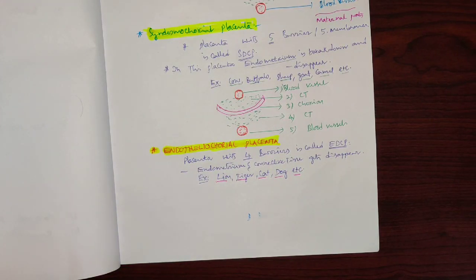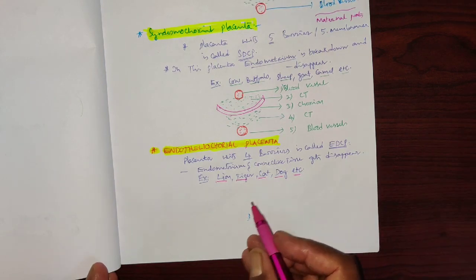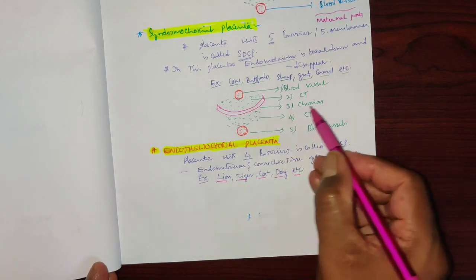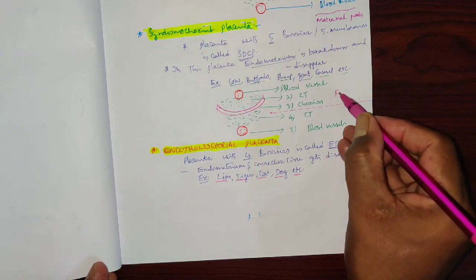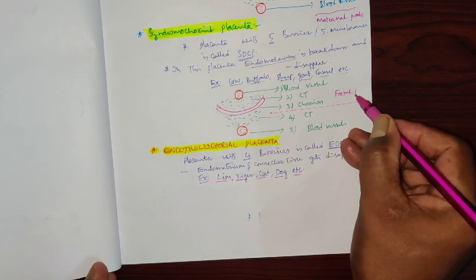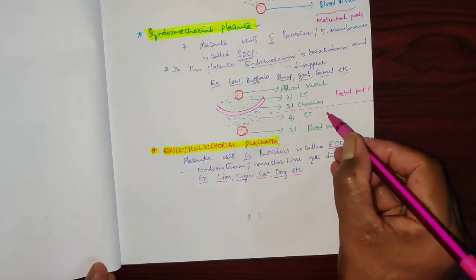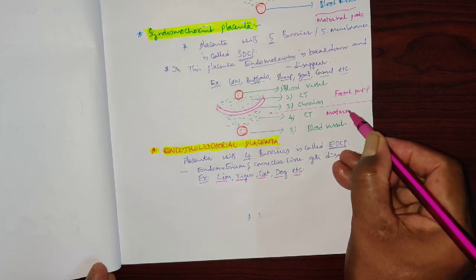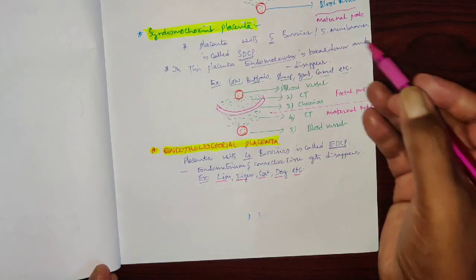Now let's go with the diagrammatic representation. 4 layers, 4 membranes. That means here is the fetal part of placenta, and this is the maternal part of placenta.